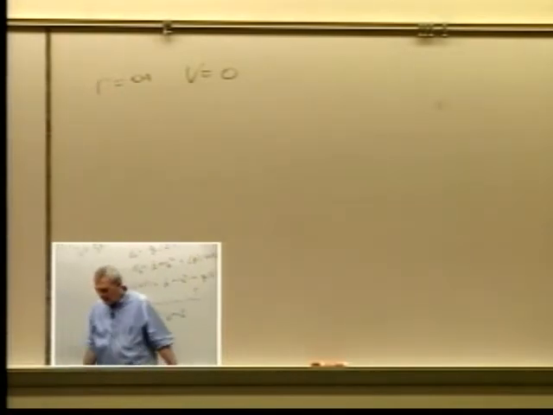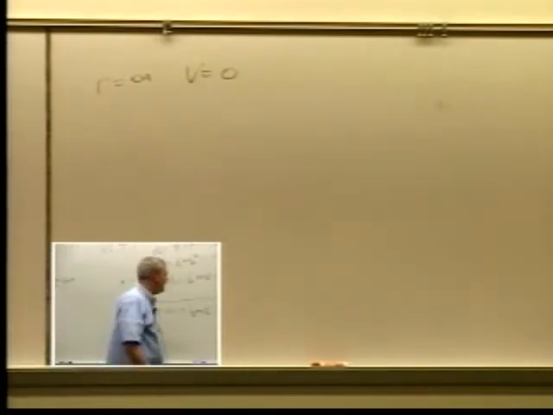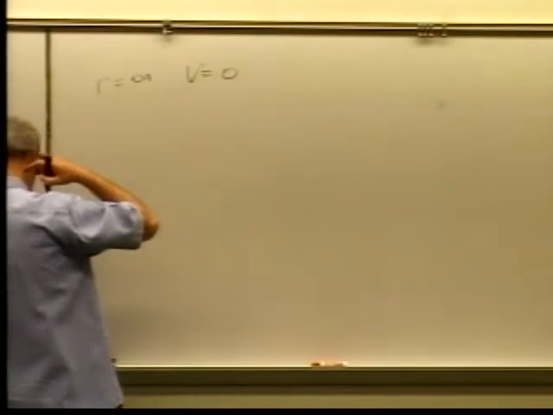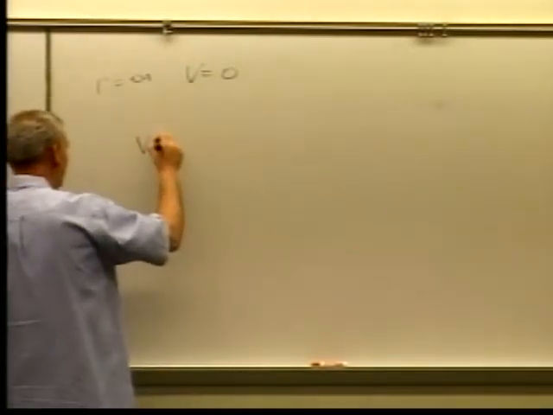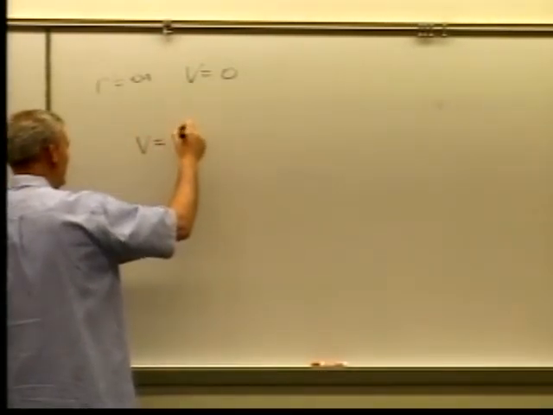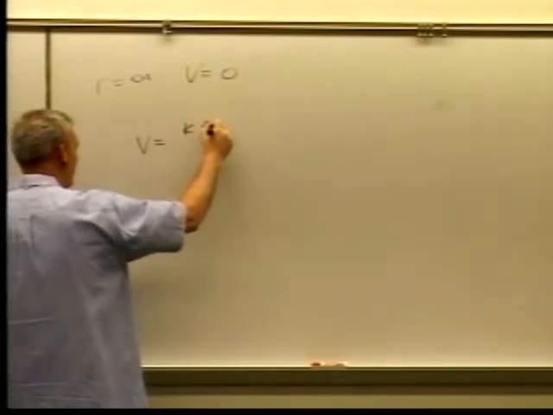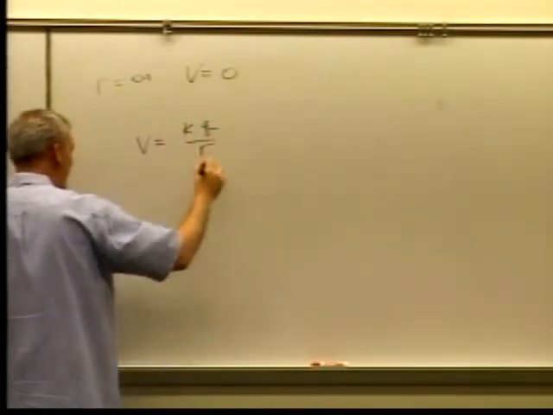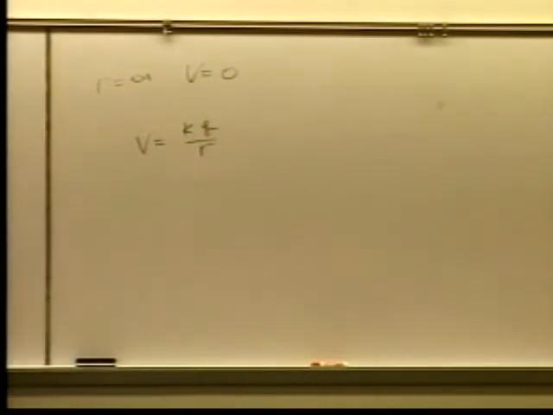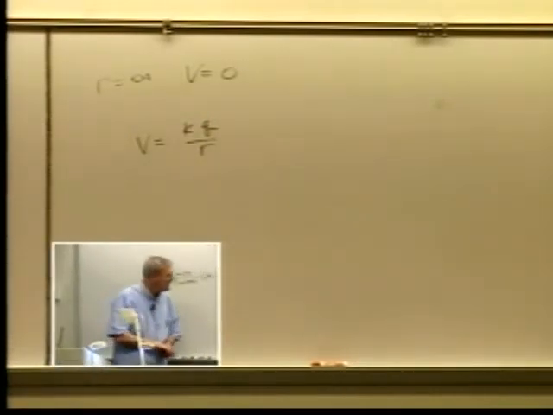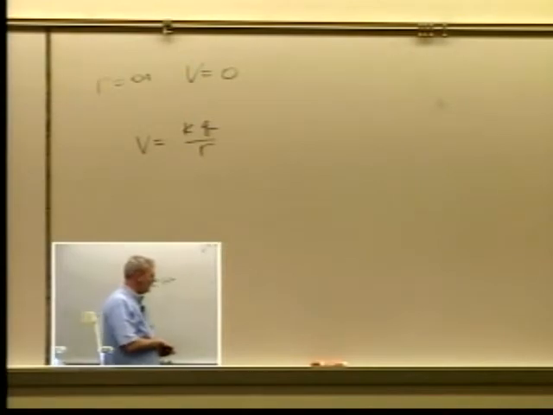And so here's really what we're doing all the time. We're saying, okay, voltage is equal to k Q over R. Okay? It depends on Q and it depends on R. All right?